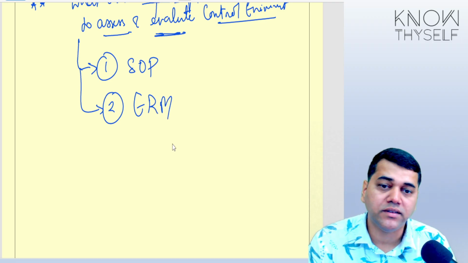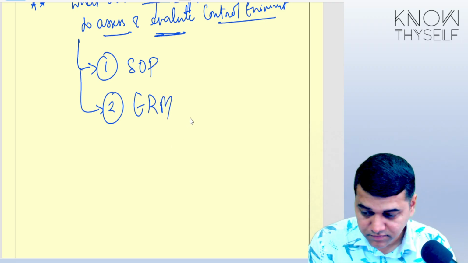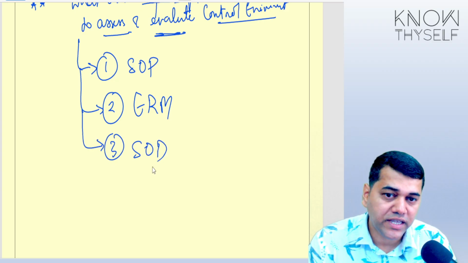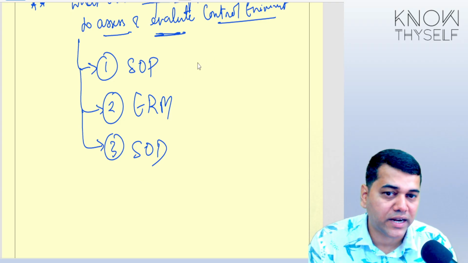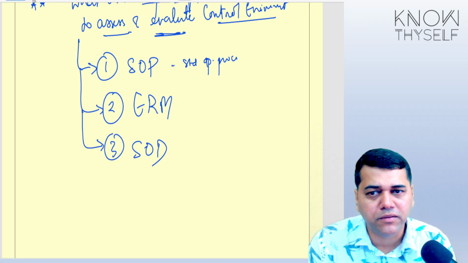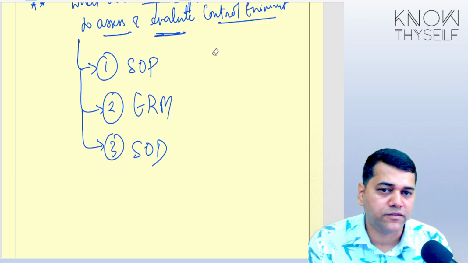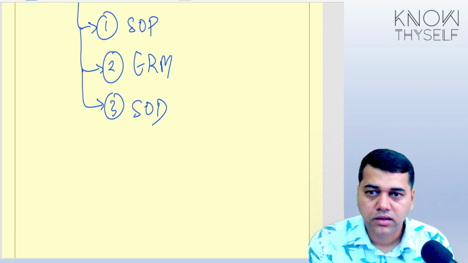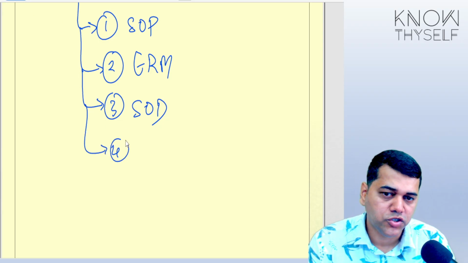ERM, enterprise risk management. SOD, segregation of duty. So if you want, you can write the full form. Anyhow, since the book is available with you, you can always go back and refer. Then job rotation.